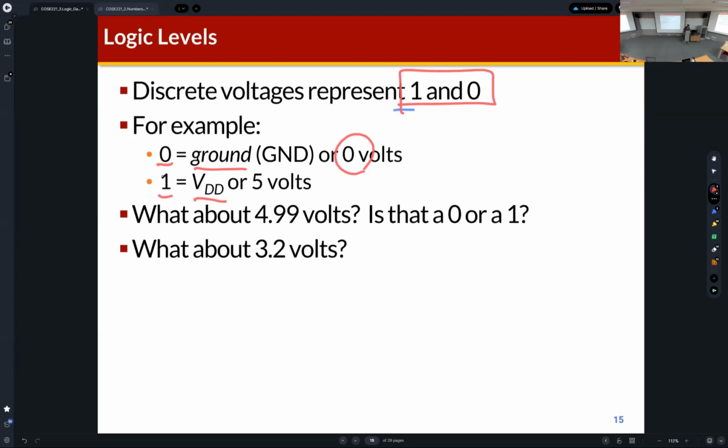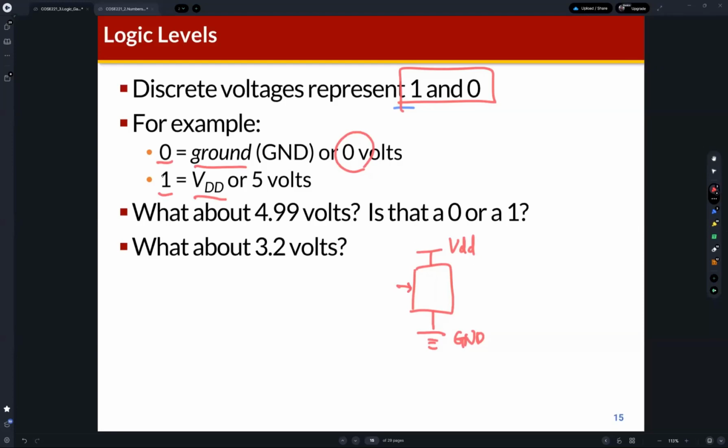When we build a digital circuit, you can build it like this. It's VDD and it's ground, and this is the input, and this is the output.